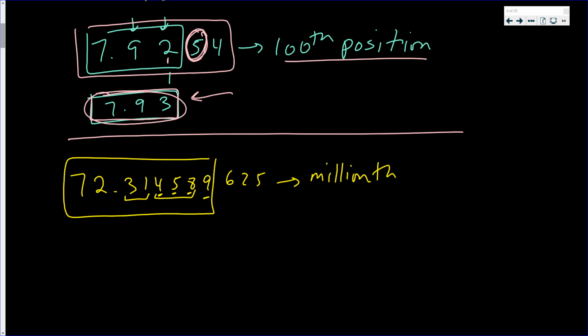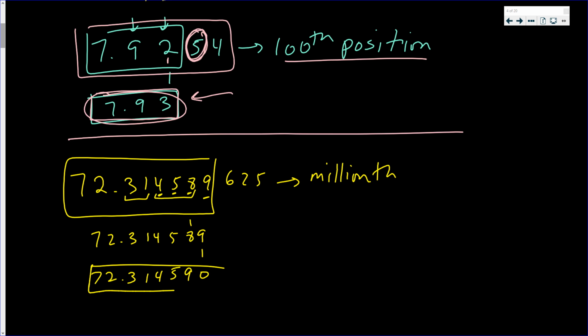Either that's the answer or you take 72.314589 and you add a 1 at the end. You get 10, carry, 541327. One of these two boxed answers is correct.